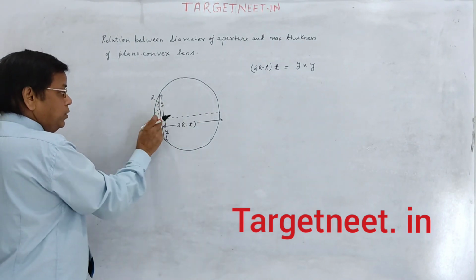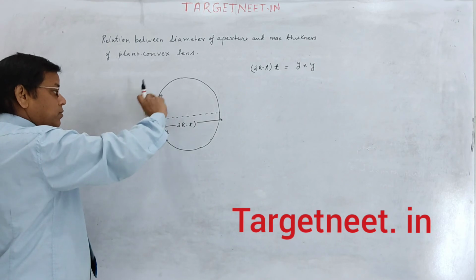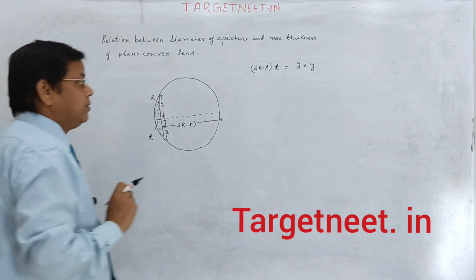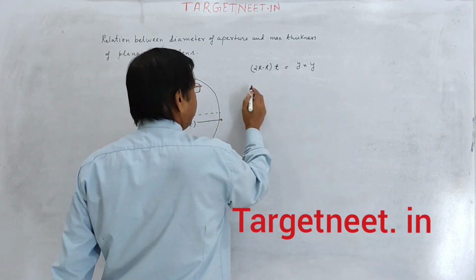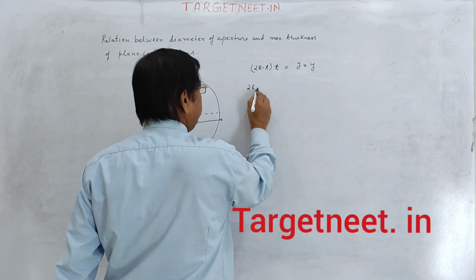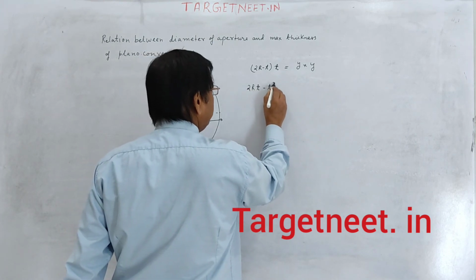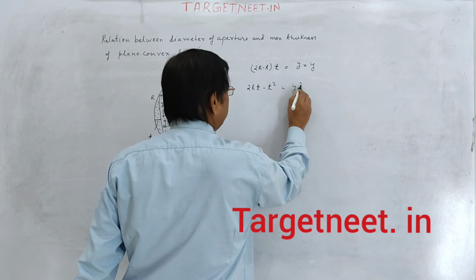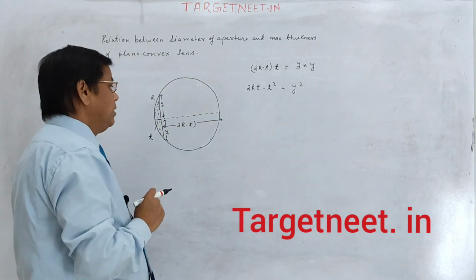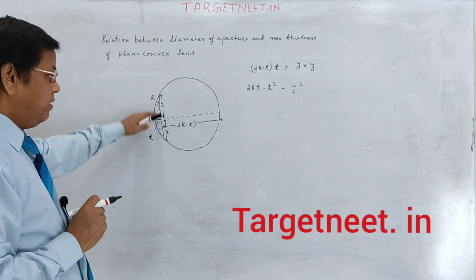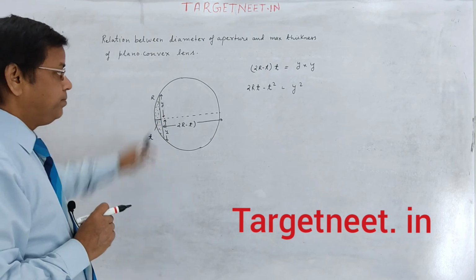This distance into this distance equal to this distance into this distance. Now if you open this bracket, it is 2rt minus t square is equal to y square. y is half of diameter of aperture.